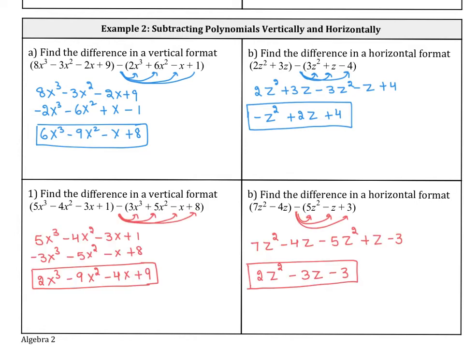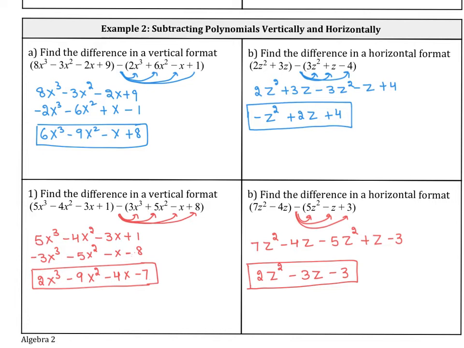So for number 1, I distributed the negative first. So I got negative 3x cubed underneath 5x cubed, negative 5x squared underneath negative 4x squared, plus x underneath negative 3x, and I'm going to get negative 8 underneath 1.